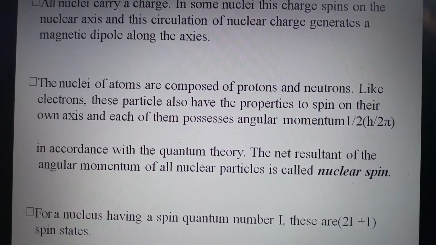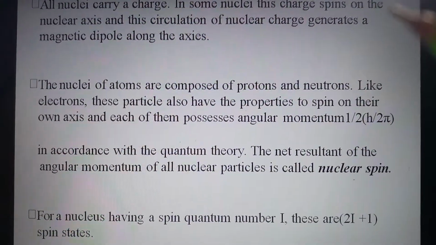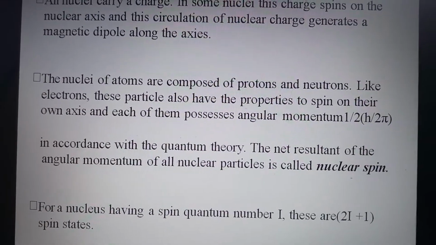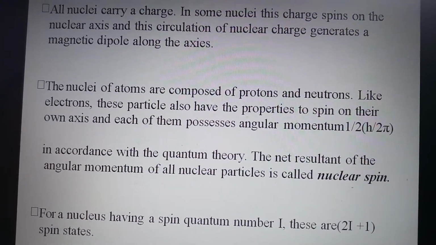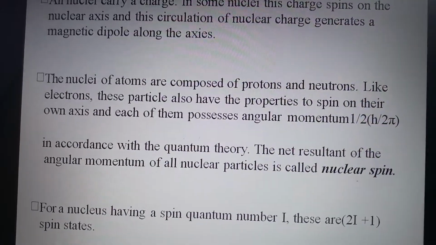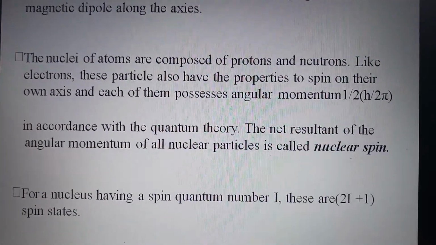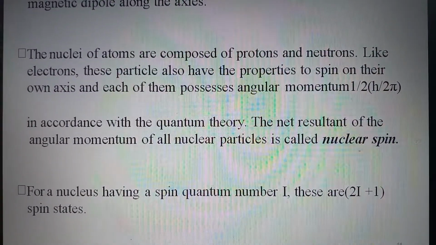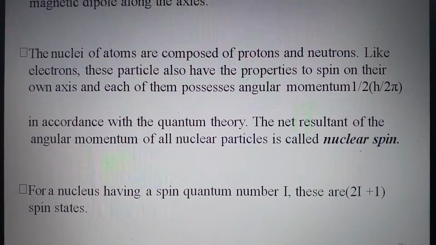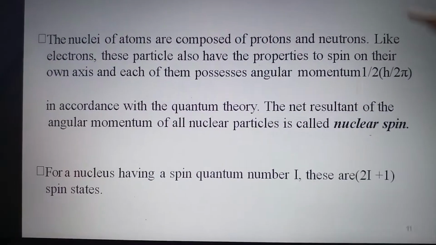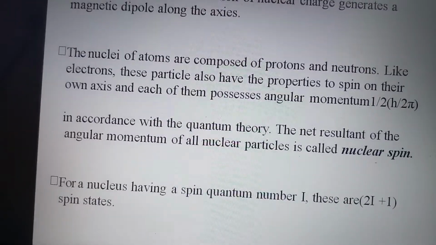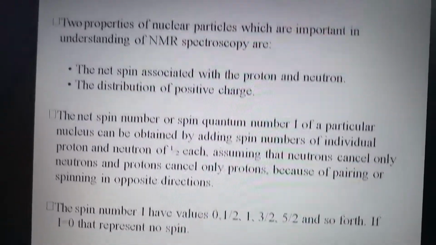In accordance with quantum theory, the net resultant of the angular momentum of all nuclear particles is called nuclear spin. For a nucleus having a spin quantum number I, there are 2I plus 1 spin states.